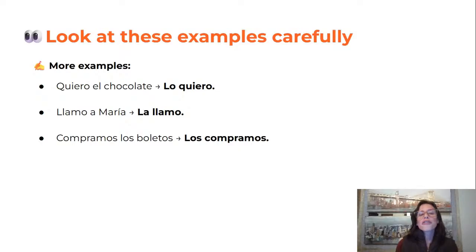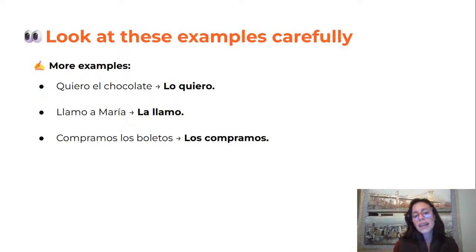And then we have the third example. Compramos los boletos. We buy the tickets, or we bought the tickets. Remember that in present and past tense for regular AR verbs, the conjugation for nosotros is the same. So compramos los boletos. With more context, we would be able to see if it's we buy or we bought.